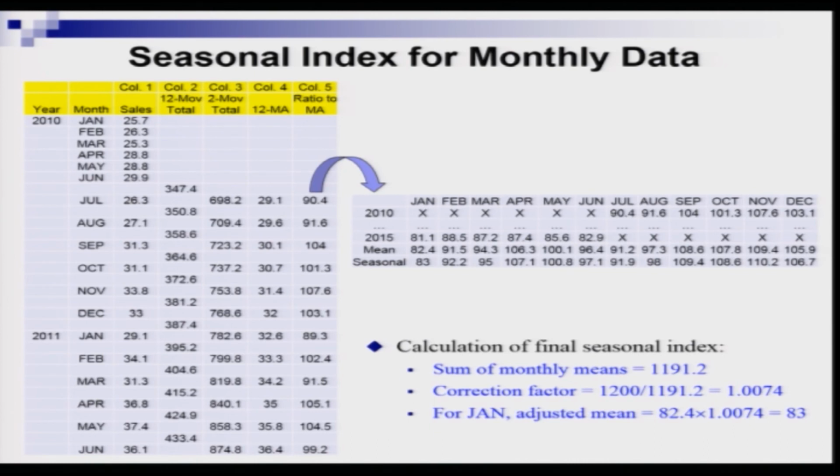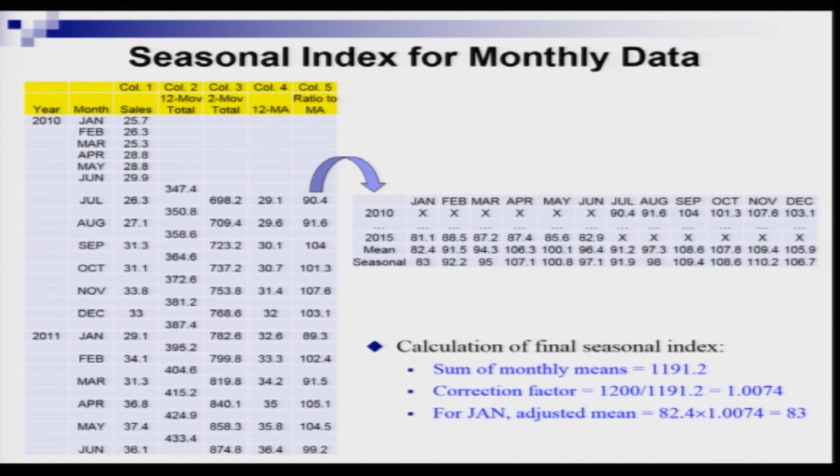So we need a correction factor, and I have already given you the theoretical formula before. Here the correction factor would be k times 100, where k here is 12. So it is 1200 divided by the sum of the monthly means, and then you get a correction factor of 1.0074.